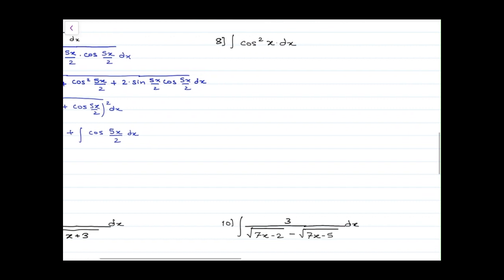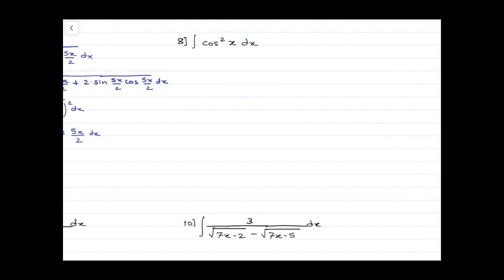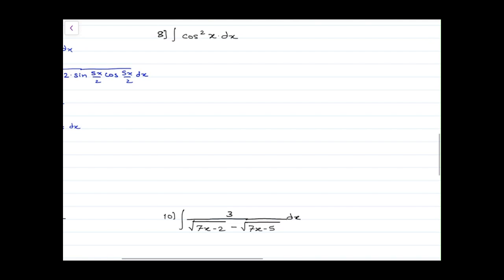Now again, here is another trigonometric question. Here also we don't have any formula for cos square x, right? So again we need to simplify. We need to use some formulas that we know, right? So we know cos 2 theta we can write as 2 times cos square theta minus 1.